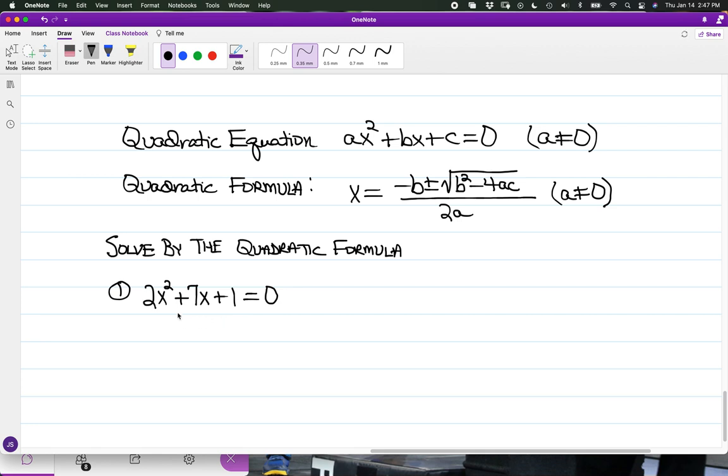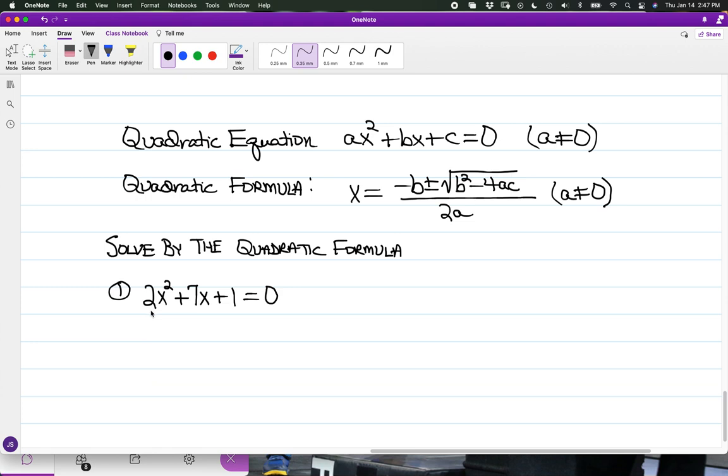One might try to factor 2x squared plus 7x plus 1, but it will not be factorable in the context of integer values.